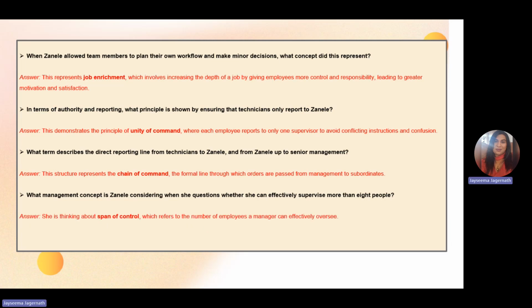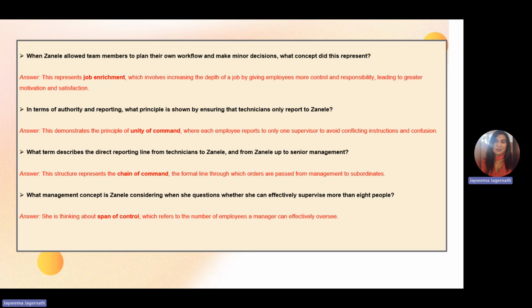And then what management concept is Zanele considering when she questions whether she can effectively supervise more than 8 people? Okay, she's talking about span of control. And span of control reflects how many people one manager has to control or take charge of. And this number varies, okay? Anything too large, the manager cannot effectively run it.